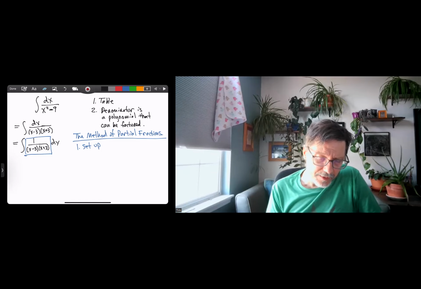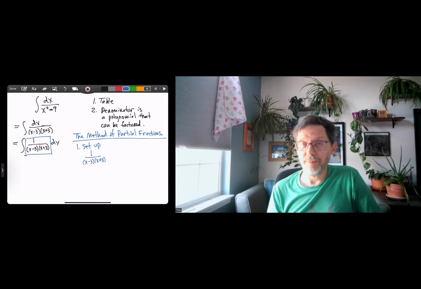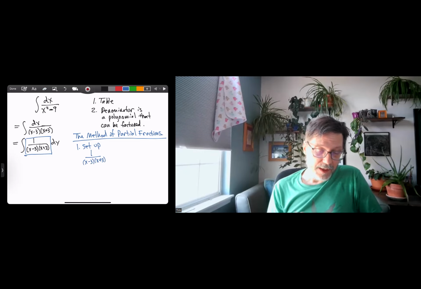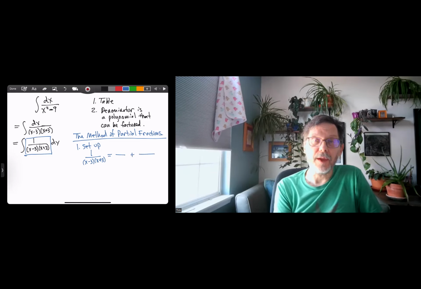So the setup here is I take my polynomial rational function, and I actually need to have that denominator factored for this to work. And there's a couple other caveats that we'll talk about in a minute. But the setup is, what could this have come from in terms of the sum of some other things?